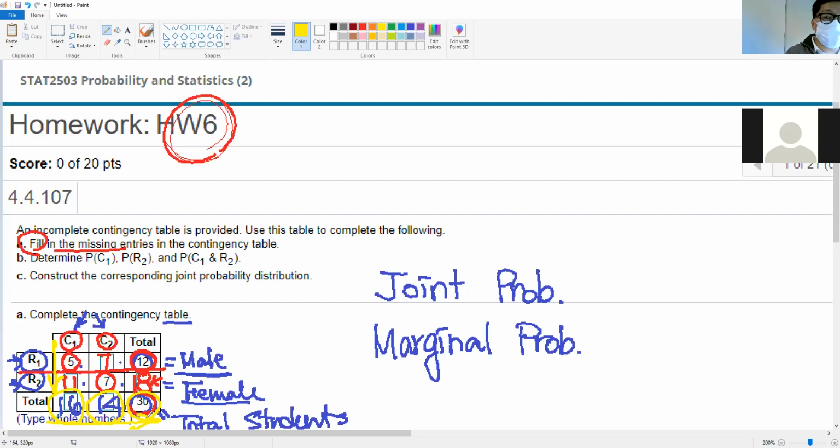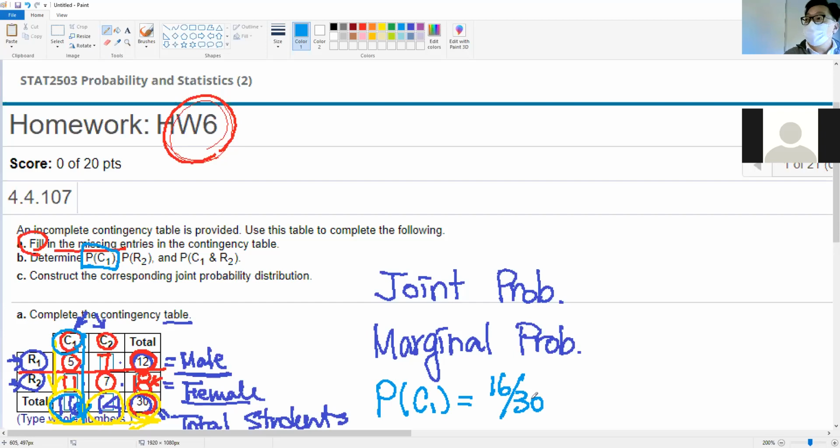Now in part B, we need the probability of C1, just C1. In the categories, C1 is male and female together. We had 16, right? So the probability of just C1 is 16 students, male and female together, out of 30.